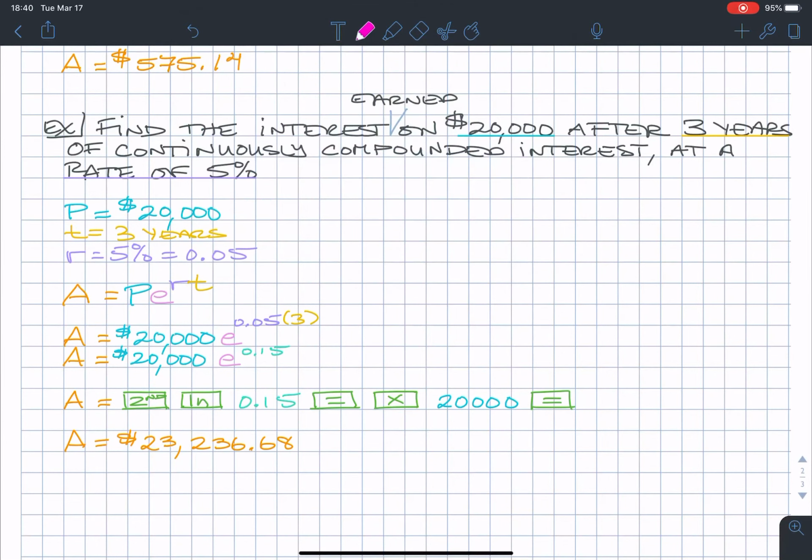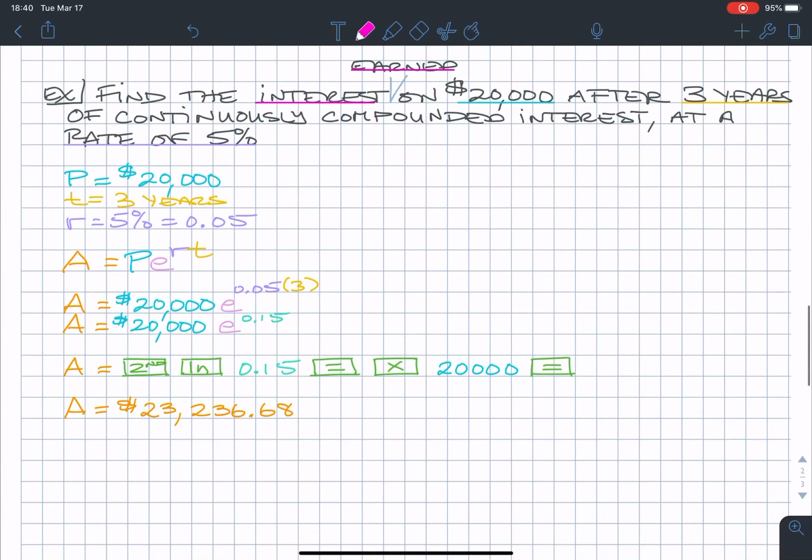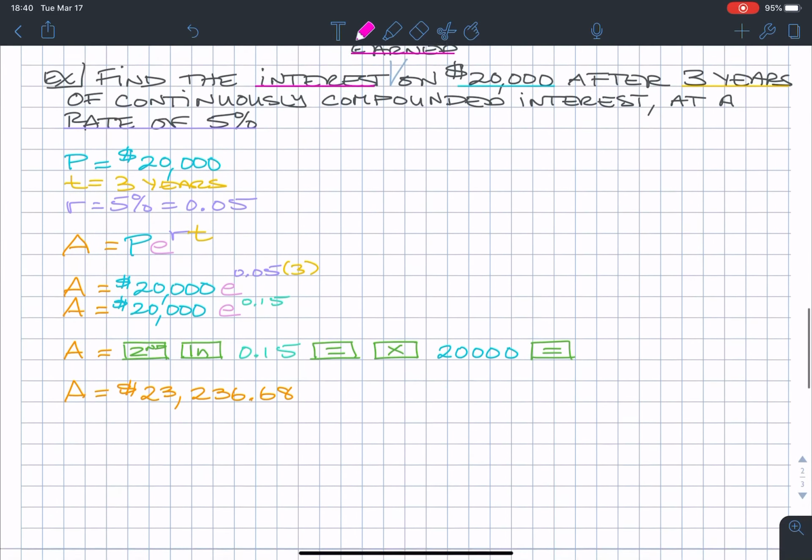I'm actually looking for the interest earned. So the interest earned is going to be the amount minus the principal, right?